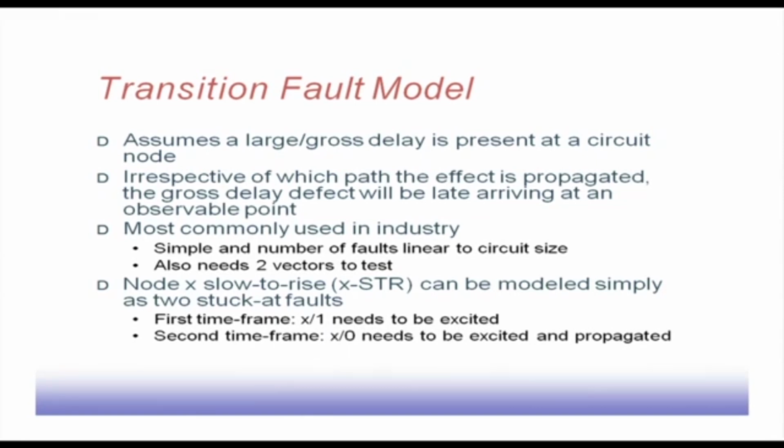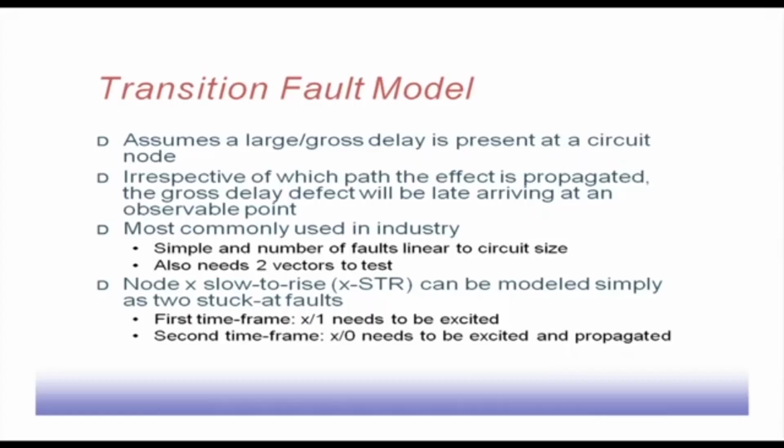Slow to rise can be modeled using two stuck-at faults. In the first time frame we want x to be at 0. So, we are trying to check for x, and we want to put the line x to 0. If we have an ATPG for stuck-at faults, then we can ask that ATPG to generate a test pattern for x stuck-at 1.